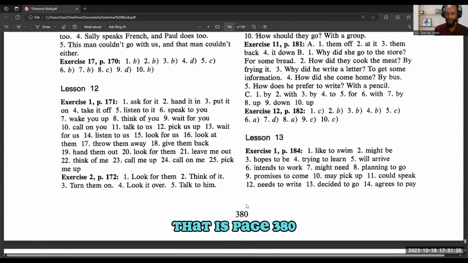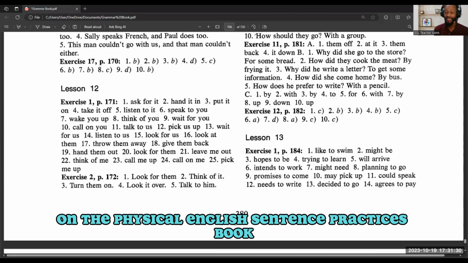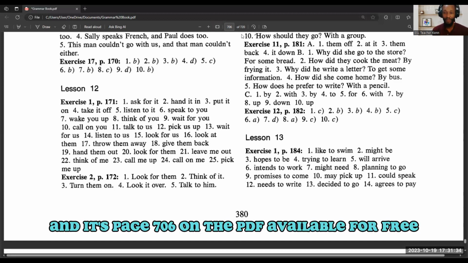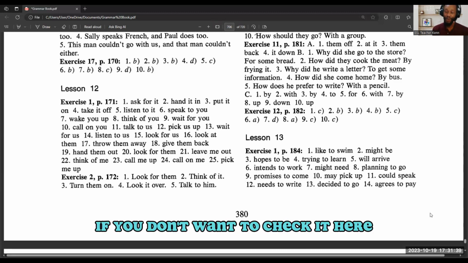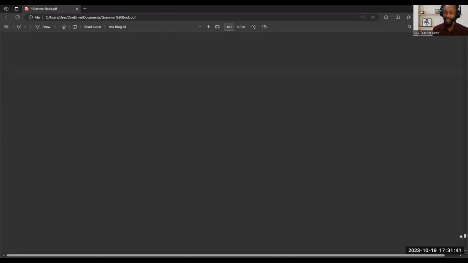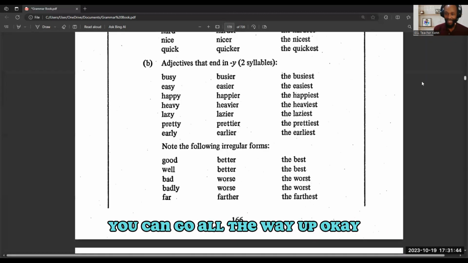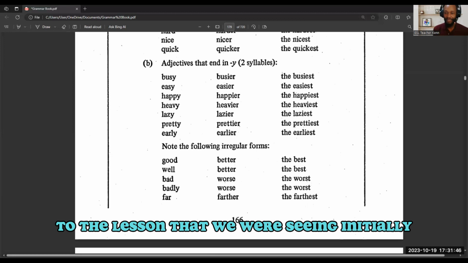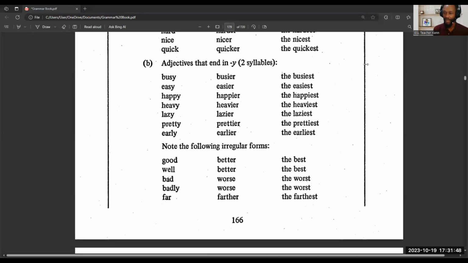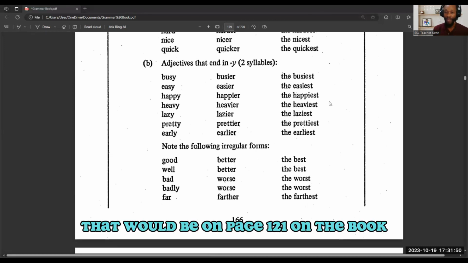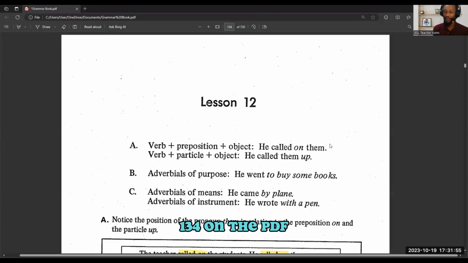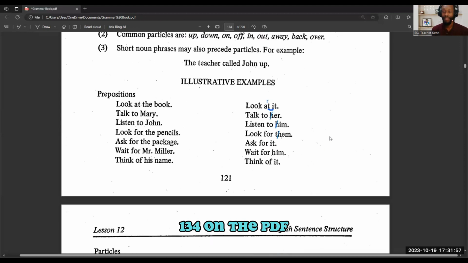That is page 380 on the physical English Sentence Practices book, and it's page 706 on the PDF available for free. If you don't want to check it here, you can go back to the lesson that we were seeing initially. That would be on page 121 on the book, 134 on the PDF.